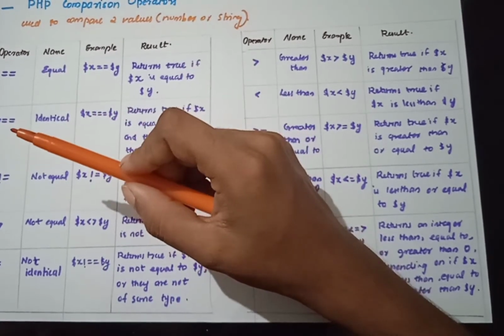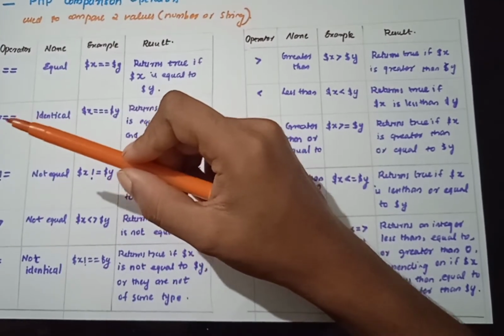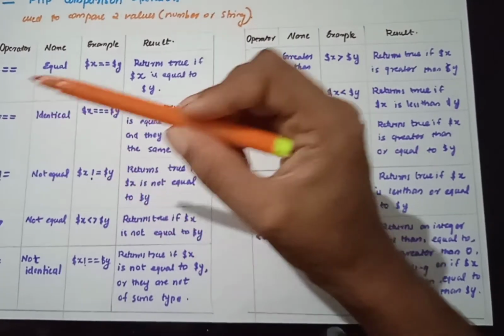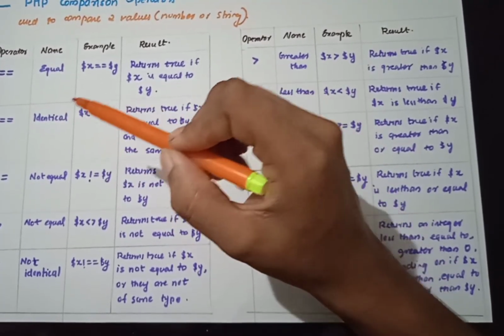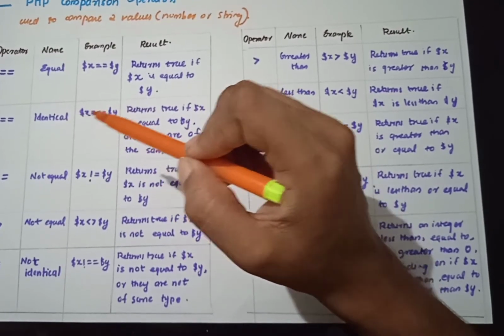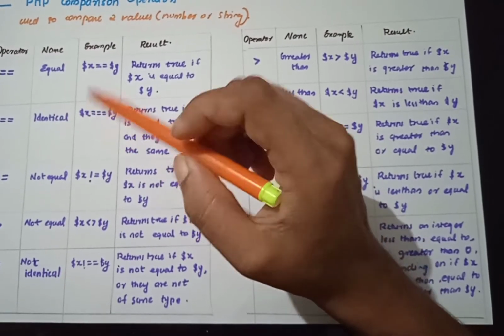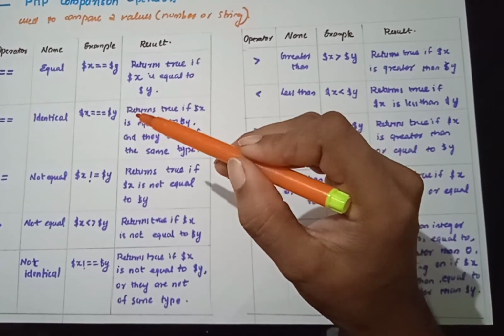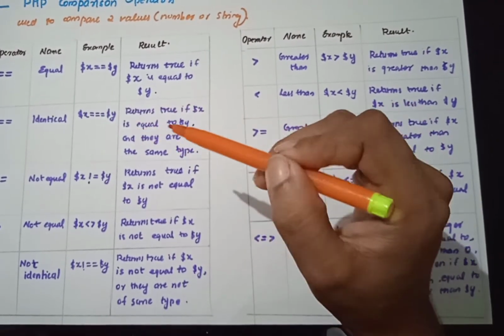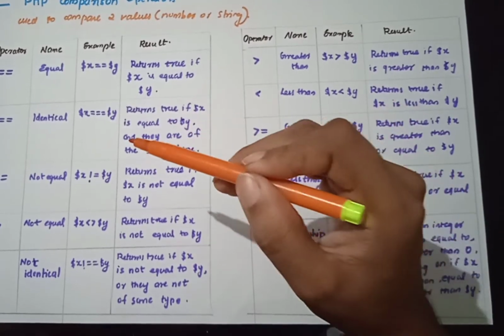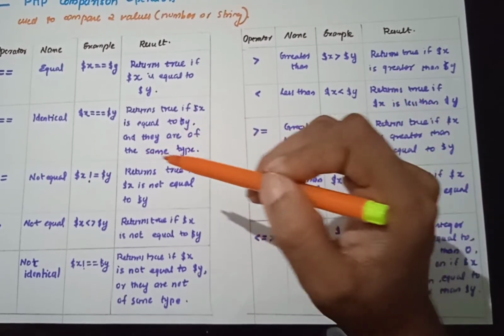So the next one is identical. You can see three equal signs there. For identical, you need to write it like this in order to find whether both are identical or not. Then the result here will be that it returns true if the variable x is equal to the variable y and they are of the same type.